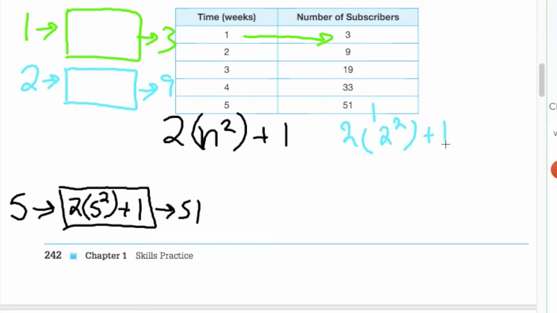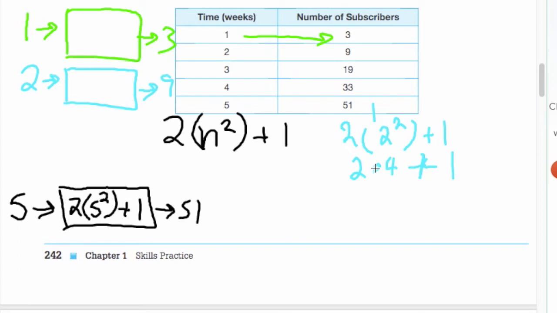There you go. So let's try number 2. If I say 2 times 2 squared plus 1, what's 2 squared? 4. Oh, that works.